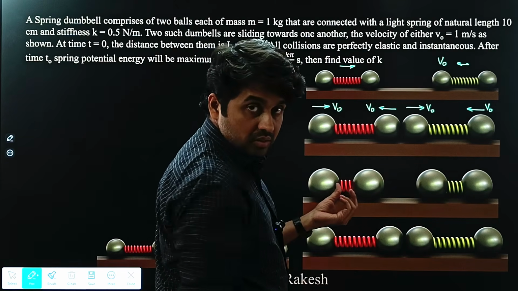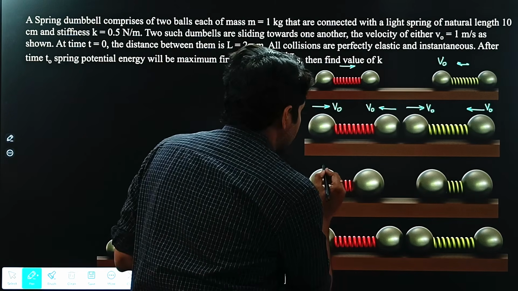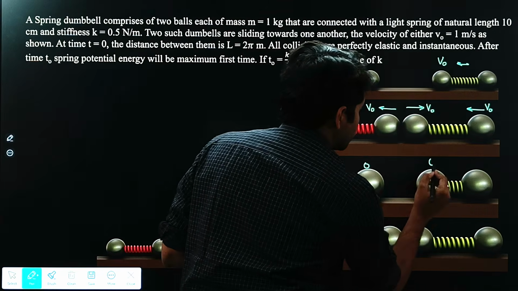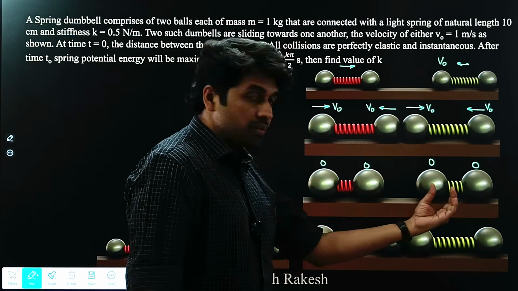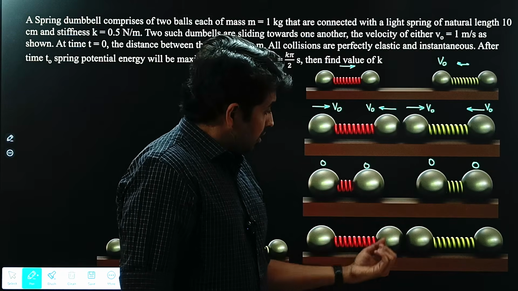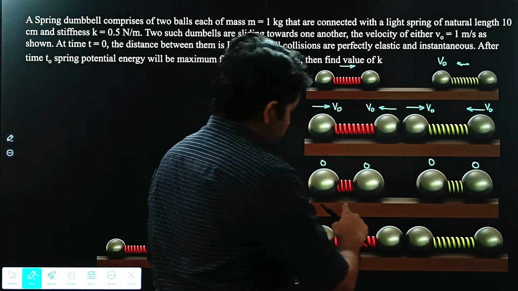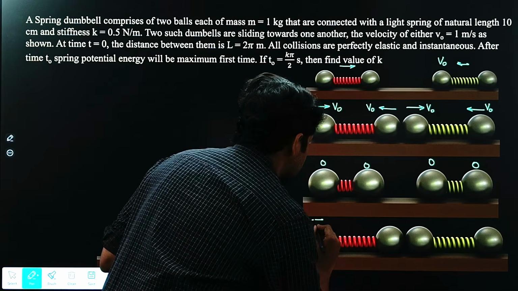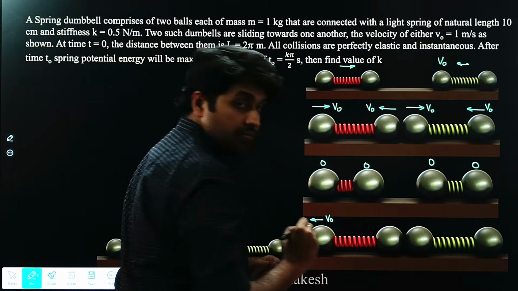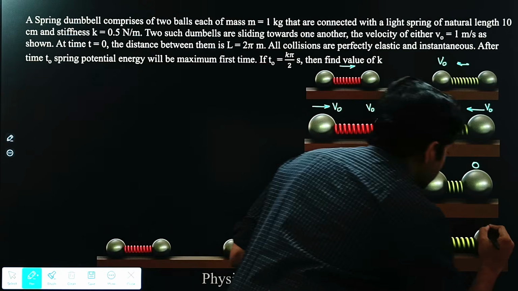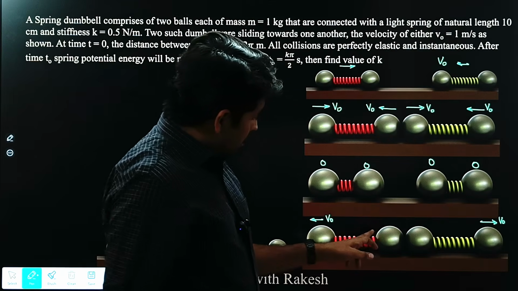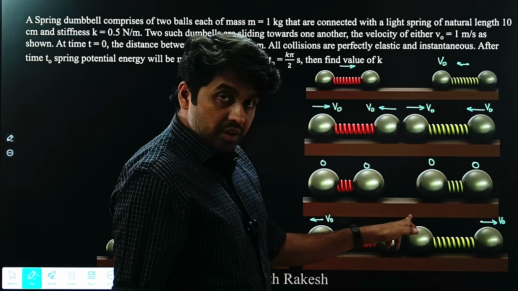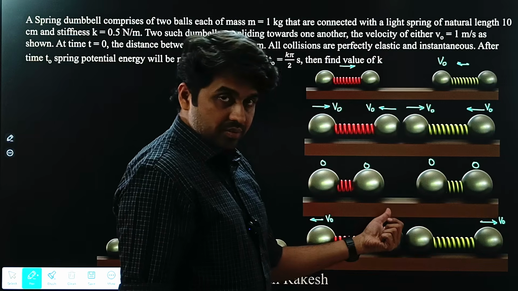Now what happens? Both the springs compress, and the final velocities become 0, and again they start expanding. When they expand, the speed of this is v0 in this direction, and the speed of this is v0 in this direction, towards the left.